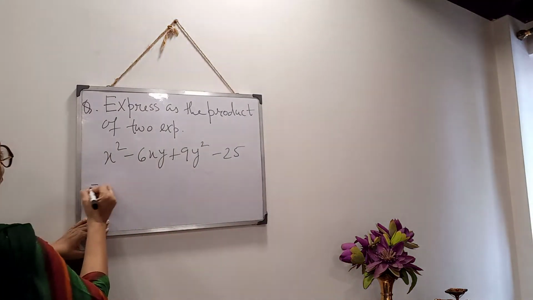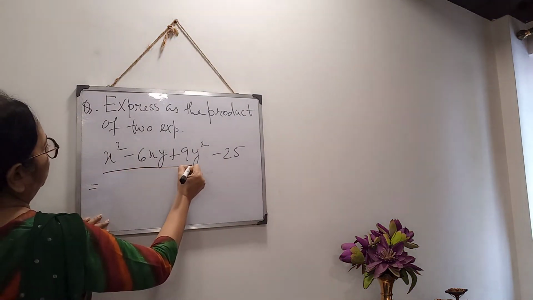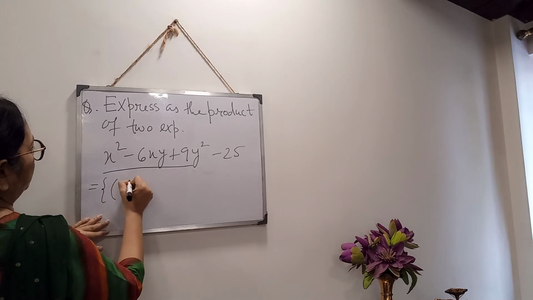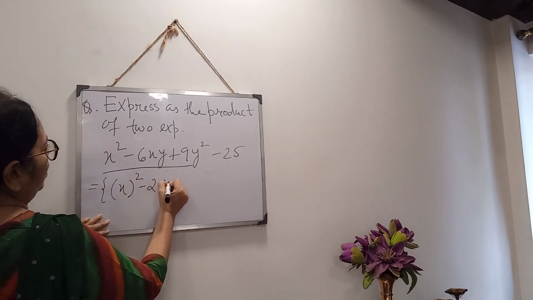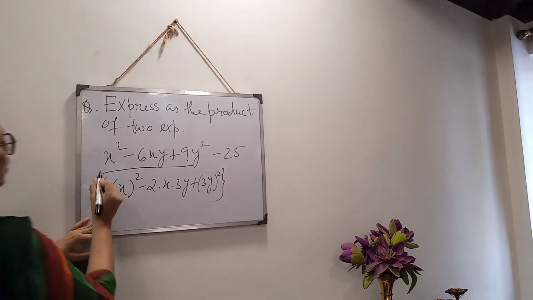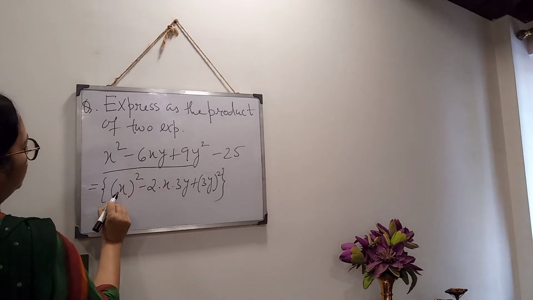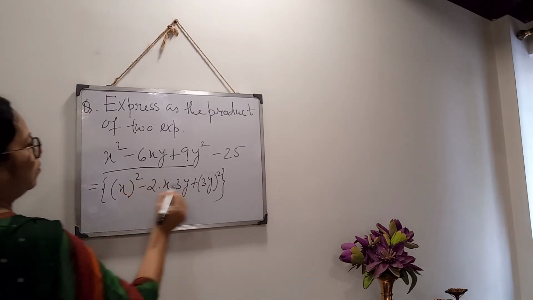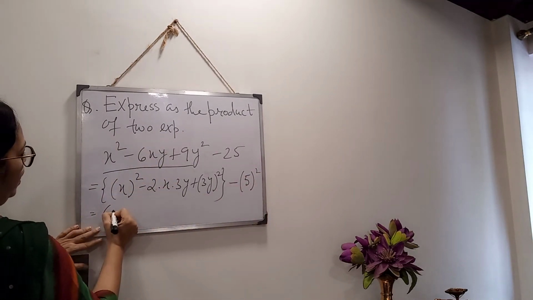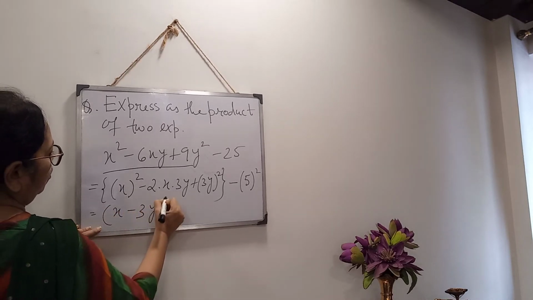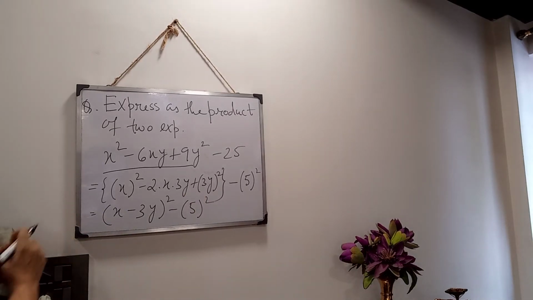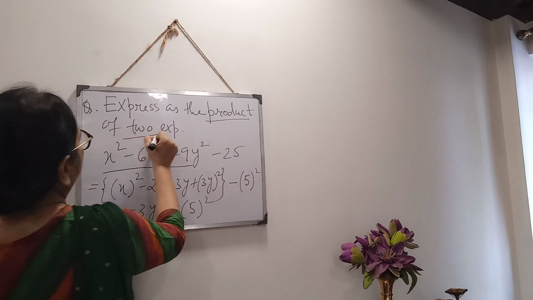So here you see, if I take these terms together, then it will become in this form, x square minus 2 into x into 3y plus 3y whole square. Clear? I have arranged it in that form, a square minus 2ab plus b square, and 25 means 5 whole square. So this one I can write x minus 3y whole square, and that is minus 5 whole square. You have to express this as the product of two expressions.